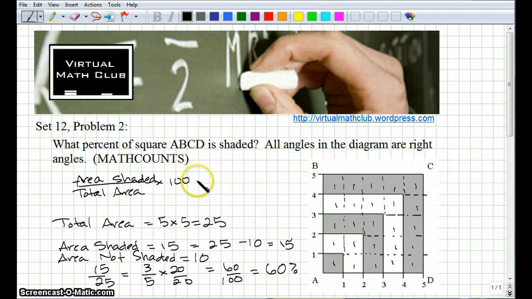Or, like I had said up here, you could take the 3 out of 5 times 100, and that'll give you the percent directly. So I can actually divide 100 by 5, and I get 20, and that gives 60 directly, 60%. So either way, the answer is 60%.